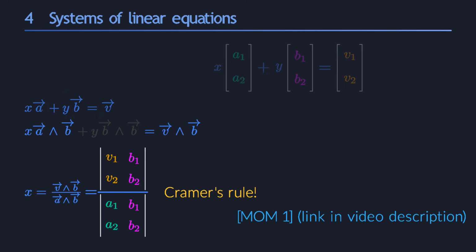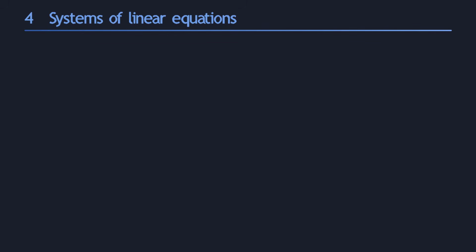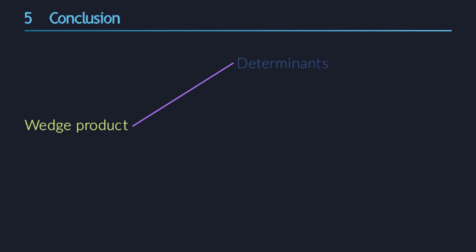I love deep connections between different areas of math. They always end up explaining one thing in terms of something else. In this video, we explained determinants in terms of the wedge product. Geometric algebra extends linear algebra and subsumes it. Many familiar things get a new face, a deeper interpretation.